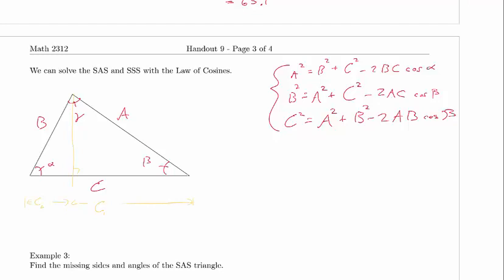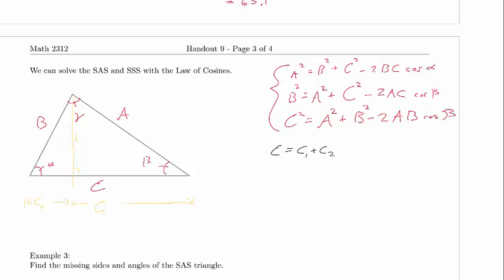So now we need to establish a few relationships here. And don't forget we've got a height right there. First off, we note that C equals C1 plus C2. And we have a relationship for C2. We're going to be trying to solve for alpha, so we want to include the angle alpha in there.